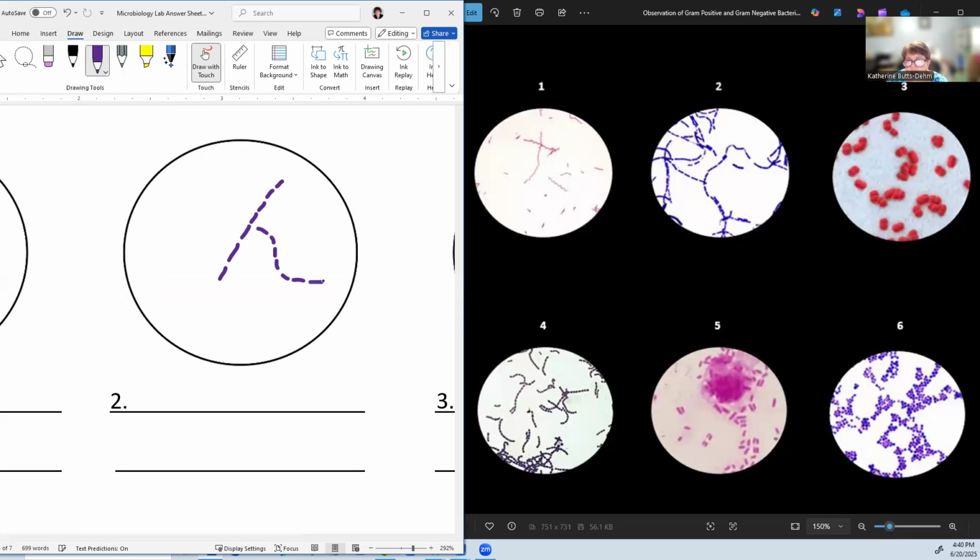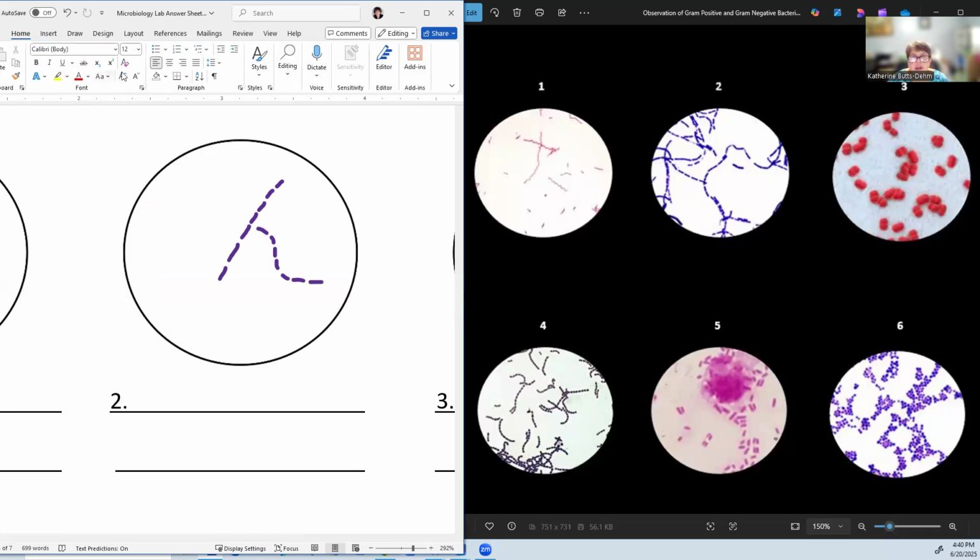But the main thing you see is the color, it's purple. So that's going to be gram what? Gram positive. And since this is Word, I don't even think I have to insert a text box. I have to turn off this.